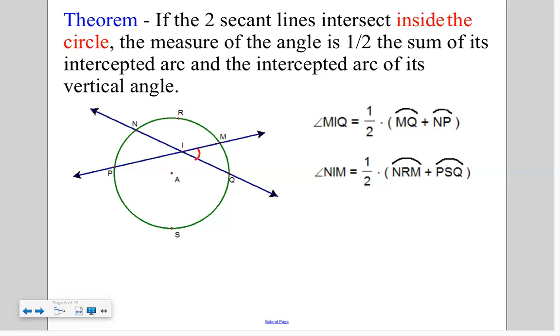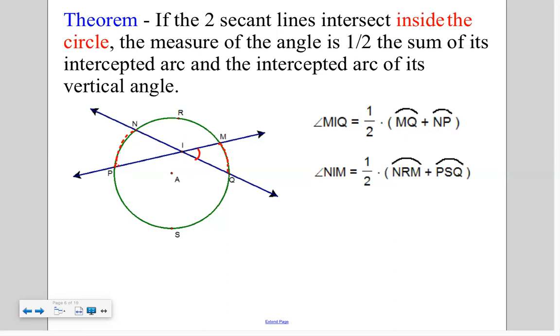MIQ, we know this angle is going to equal 1/2 times this arc plus this arc. Another way to say that is this angle equals the average of these two arcs. What about MIQ equals MQ? The only way MIQ would equal MQ is if this intersection point was at the center. Oh, that's what we talked about before.